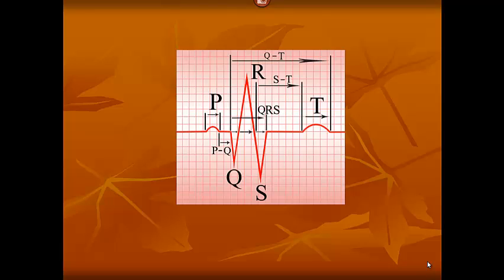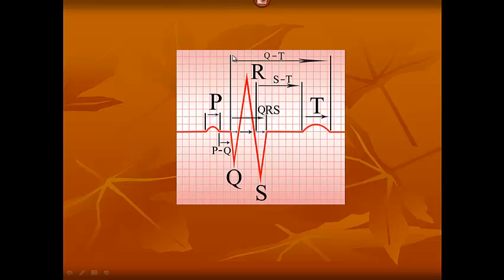There are also points that we will discuss today. There is only one point of the EKG, termed the J point, which is where the QRS complex ends and the ST segment begins. So we have the P wave, the PQ segment, Q wave, R wave, S wave, which together form the QRS complex.